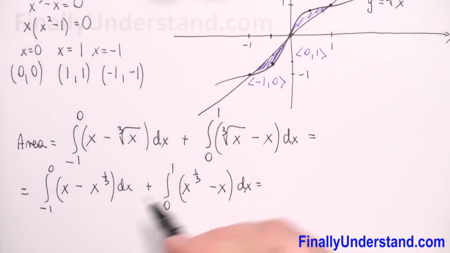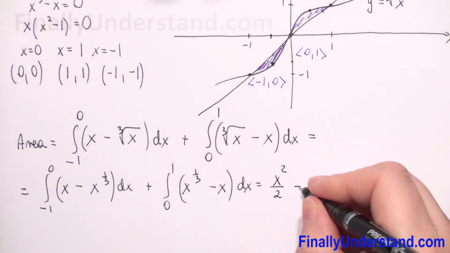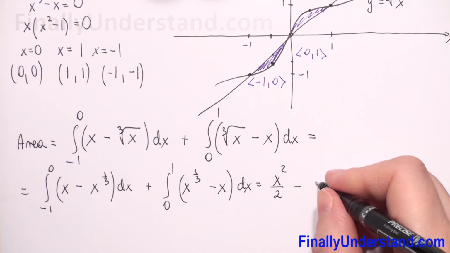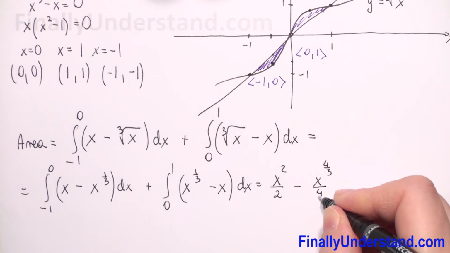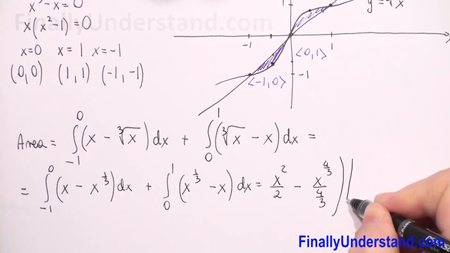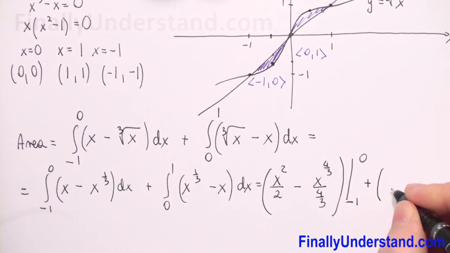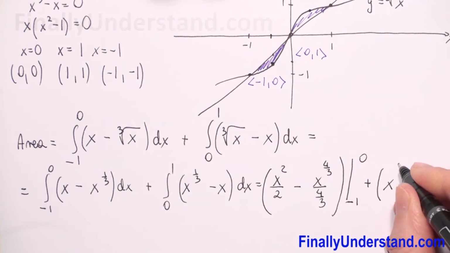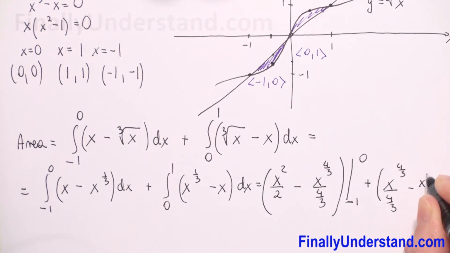The integral of x is x squared over 2, minus the integral of x to the 1/3 power, which will be x to the power 4/3 over 4/3. The exponent is always the same as the denominator. With integration limits from negative 1 to 0, plus x to the power 4/3 over 4/3 minus x squared over 2, with limits from 0 to 1.